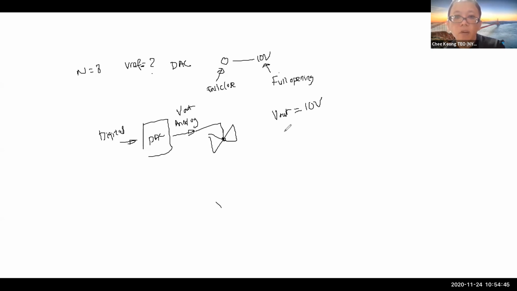Now we know the equation for the DAC voltage. Let me share again.